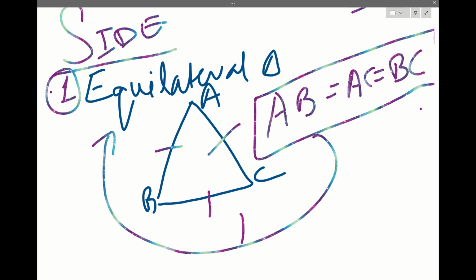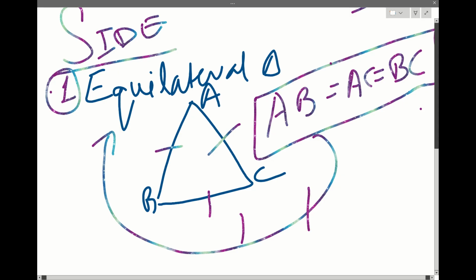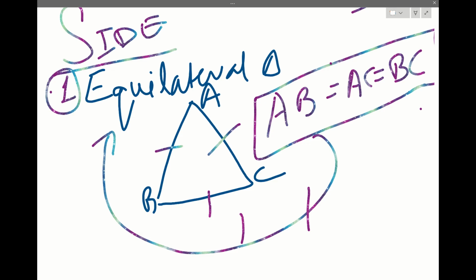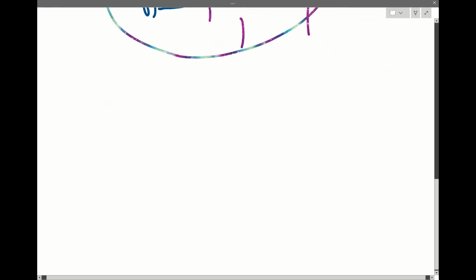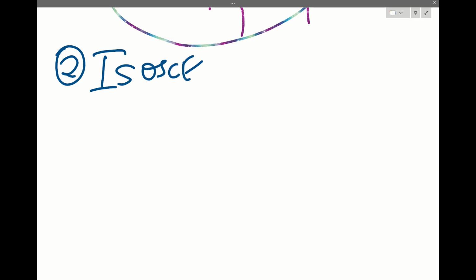Then comes the second type of triangle, the isosceles triangle.